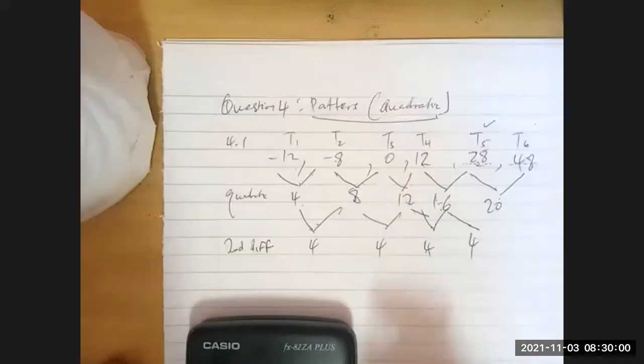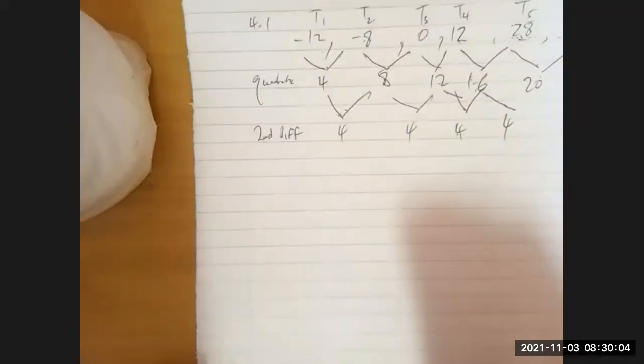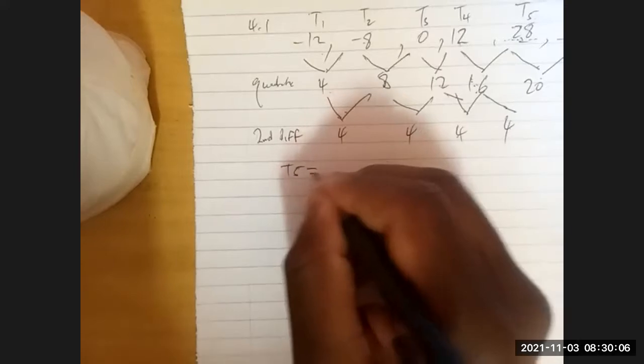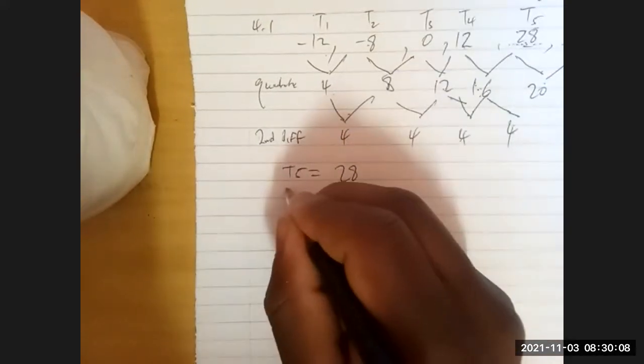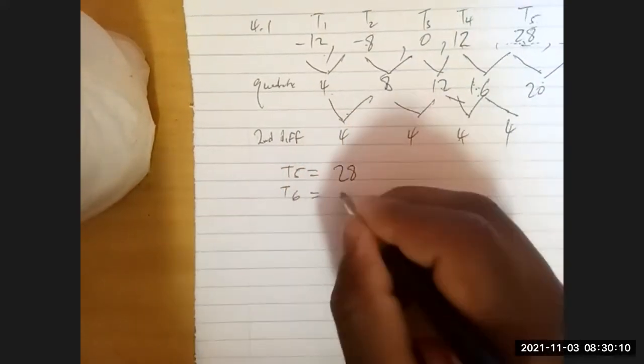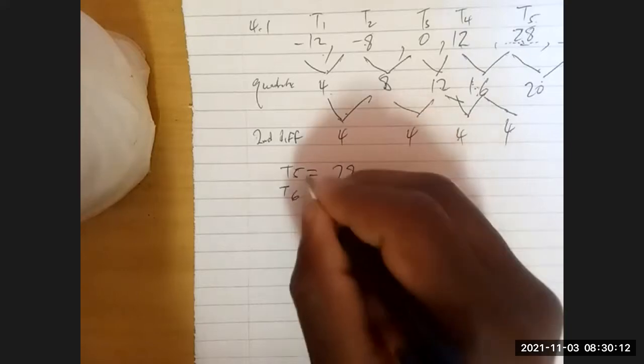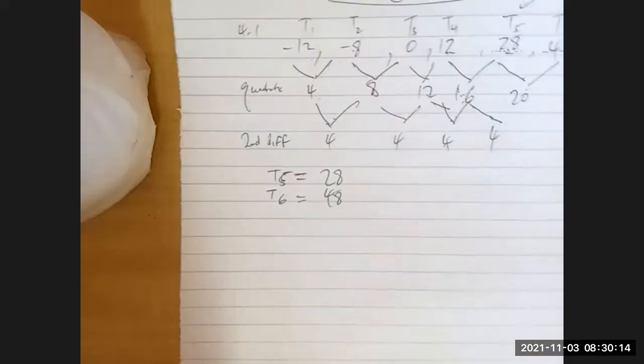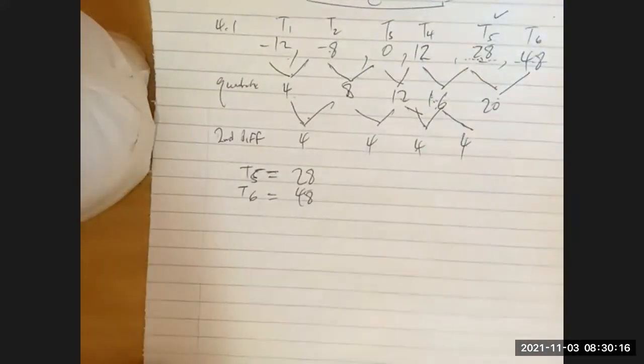So you see, we have managed to get the next two terms. Term number 5 is 28, and term number 6 is 48. That is how you're supposed to work it out.